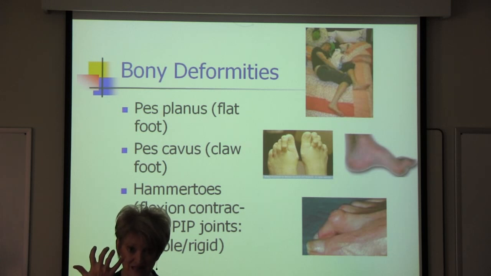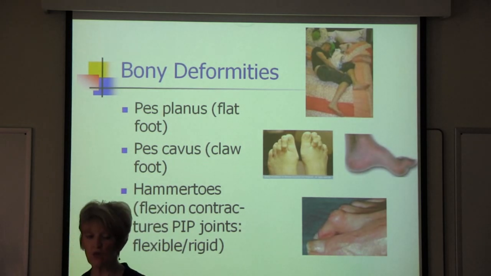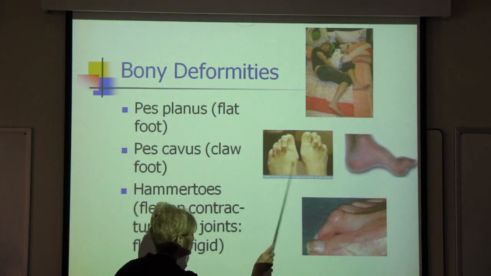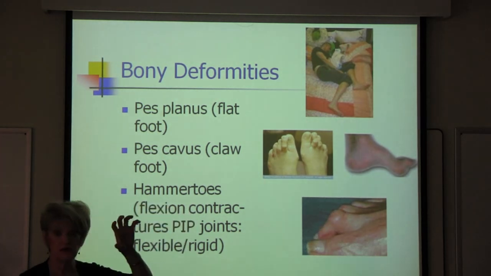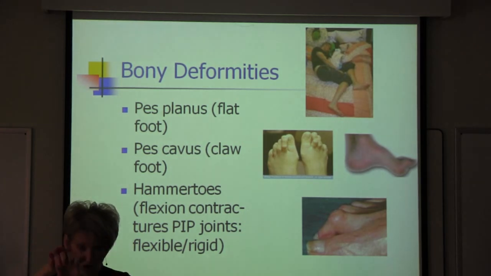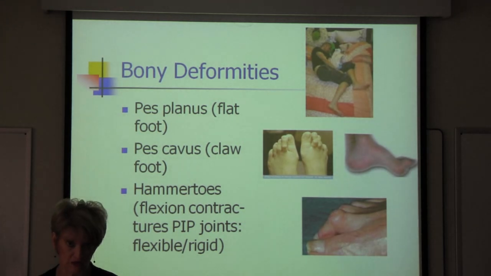The toes become fixed in that contracted state. Once you have the rigid hammer toes, of course, the problem is that the patient is going to require a shoe with a deep toe box to prevent trauma to the tops of the toes. And once they become rigid, the only management is surgery.